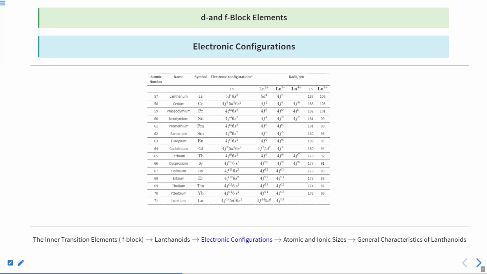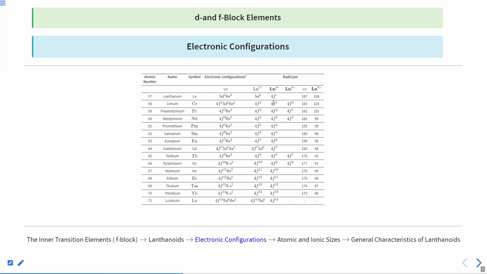If you see here, this is the table regarding the electronic configuration. All have a fully filled s orbital. This first thing is common in all of these. In lanthanum, cerium, and all of these lanthanoids, we can see that they have a filled s orbital.